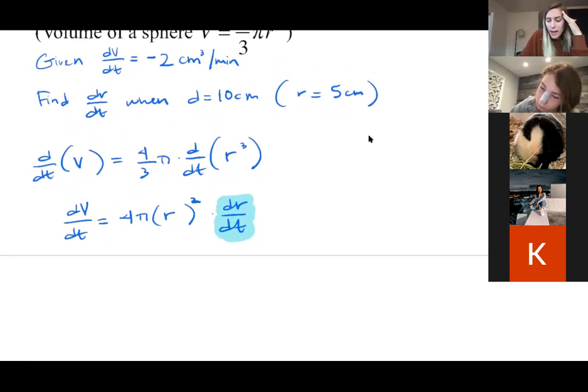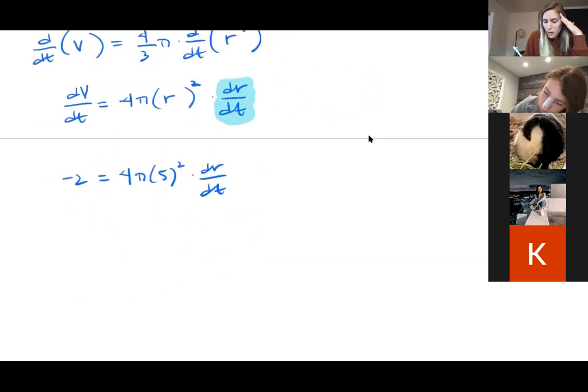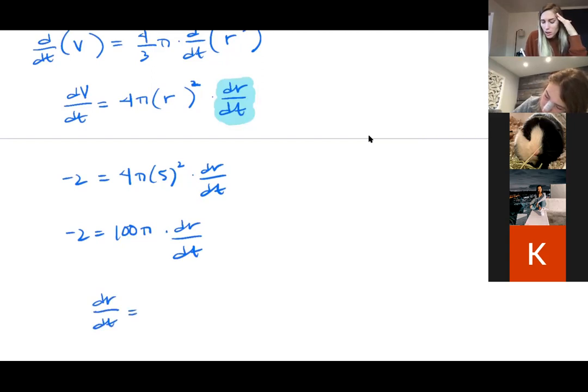I'm plugging in the -2 for dV over dt, and I'm plugging in 5 for r. So that ends up being -2 equals 100 pi dr over dt, because it's 25 times 4. And now if I divide by 100 pi on each side, I'll get that dr over dt is equal to -1/50 pi.